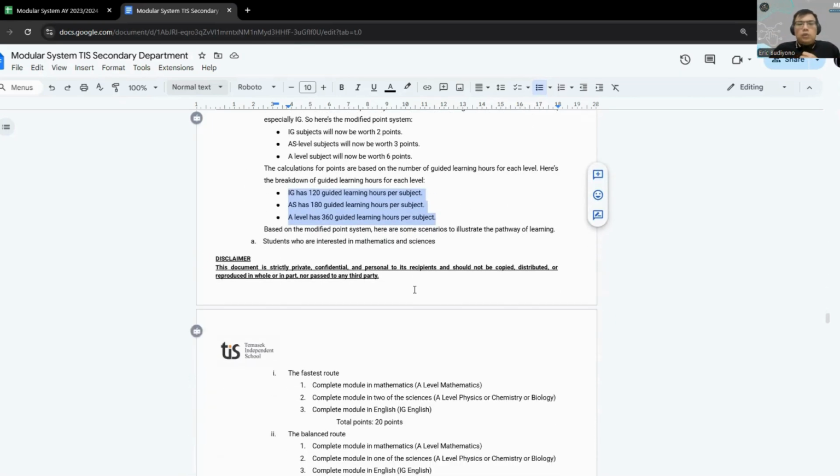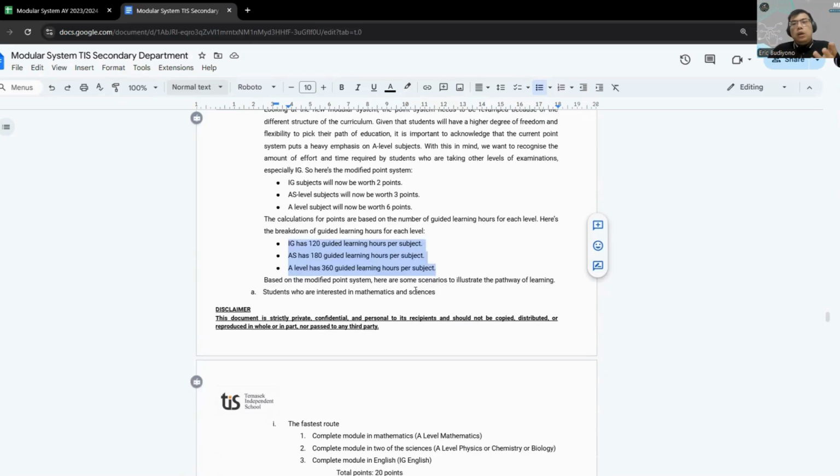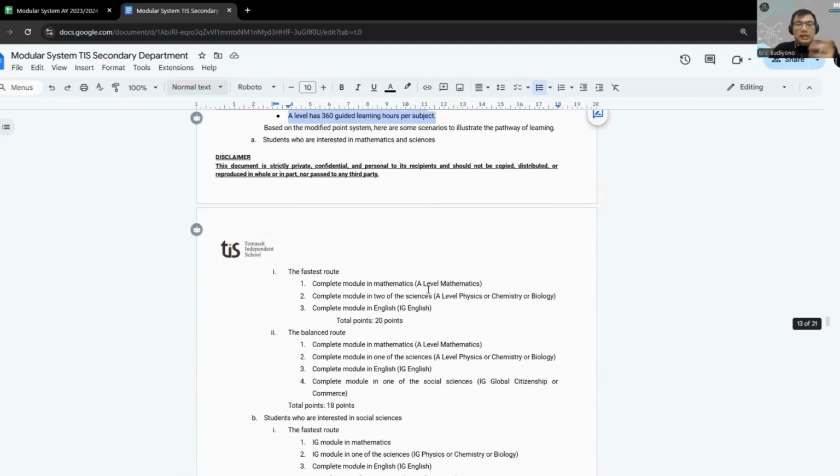Now, our recommendation for students is to take 5 or 6 IGCSE subjects, that's between 10 to 12 points, and finish the rest with either 1 A level or 2 AS level. So we make it easy for everybody.